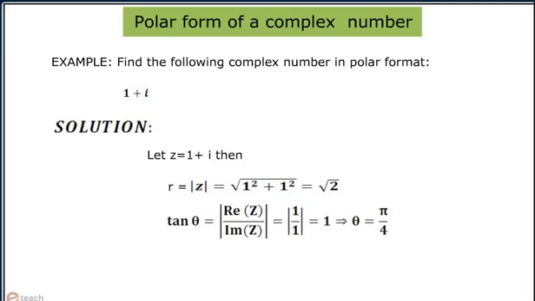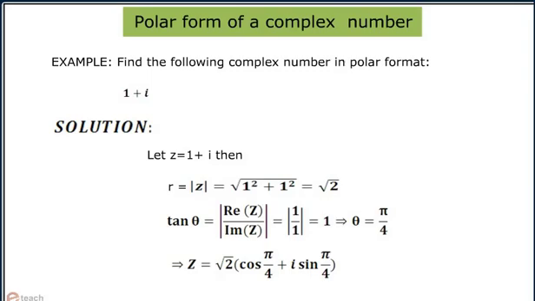Tan theta will be equal to the imaginary part of z by the real part of z, which will be equal to 1 by 1, which is equal to 1, or theta is equal to pi by 4. This implies z equals under root 2 into (cos pi by 4 plus iota times sin pi by 4).